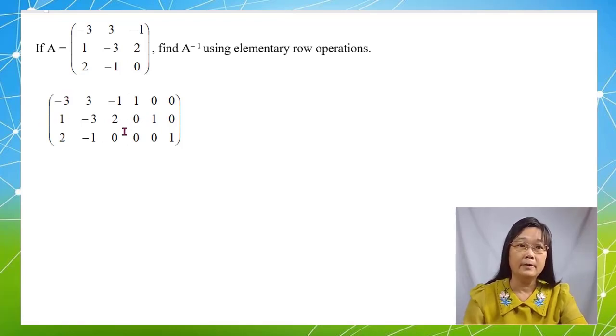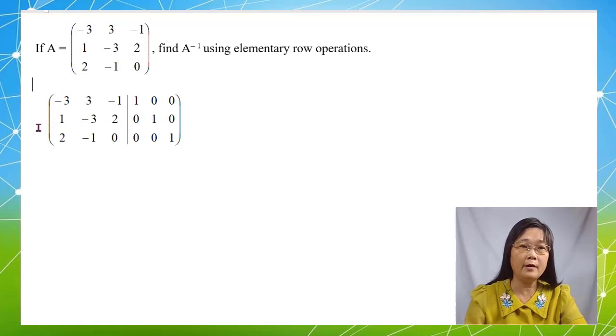So here, first I'm going to change this into 1. To change this number into 1, I have two methods. One is I can multiply this number by negative 1 over 3. Another method is I can interchange row 1 with row 2 in order to get this number 1.